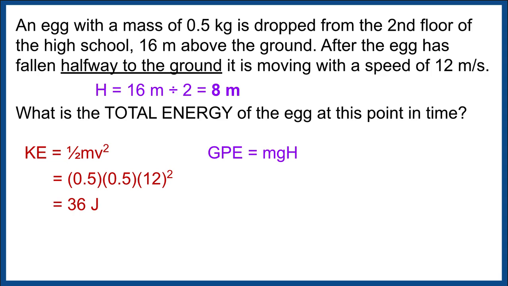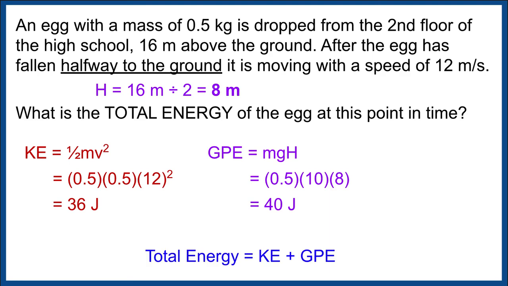That is a divide, not a plus, kind of hard to see on the screen here. 16 divided by 2 would give us 8 meters. And so that's the number we're going to use in our calculation. Our mass, 0.5, we're going to use 10 for little g like we always do with this formula, times 8. And this tells us that the egg would have 40 joules of energy due to its height above the Earth. So the total energy, which is the kinetic plus the gravitational potential, would be 76 joules.